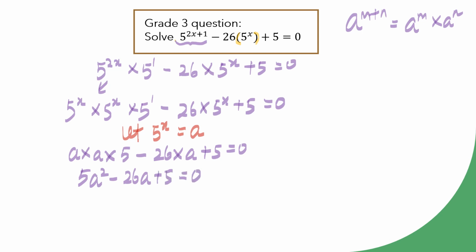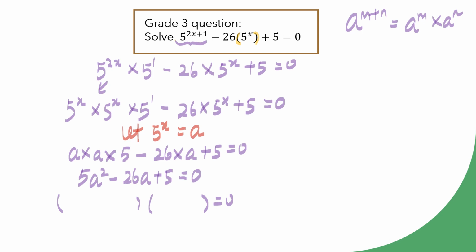And what do you get? You actually get a quadratic equation, where you can just factorize it. You can use your calculator to help you. You can use mode, depending on the calculator. If you're using Casio, it's mode 3 3. Enter 5, negative 26, 5.